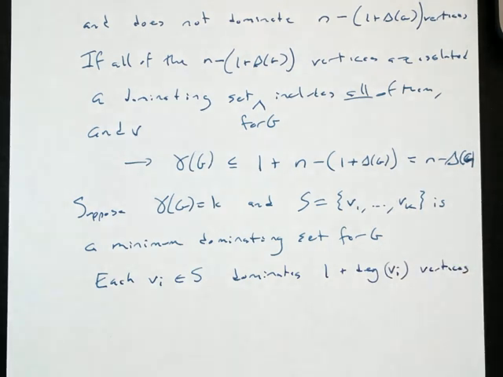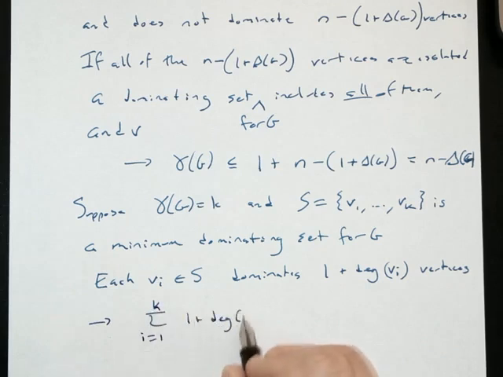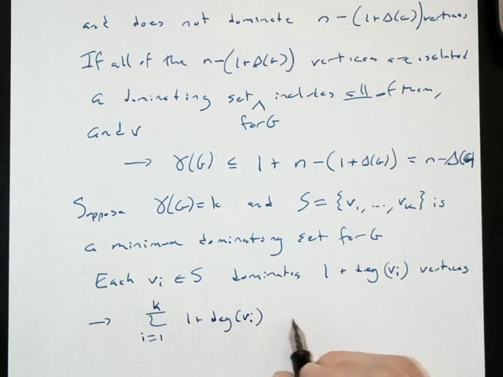Which means the total of all of those things has to cover everything in the graph. So add up i equals 1 to k, 1 plus degree of v_i. That must be, well, it might not be exact. It might not be a perfect cover, like we had a perfect matching. There might be some left, or things might get covered more than once. But it's got to be at least n, which we said was the size of G.